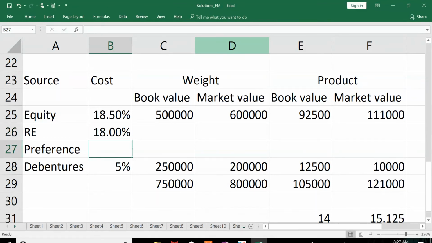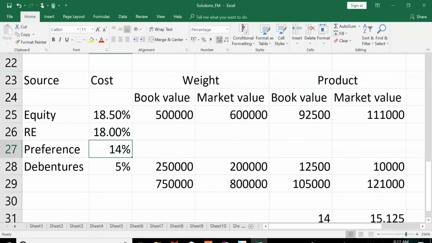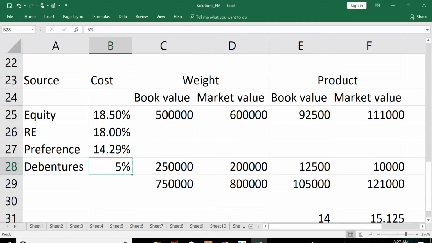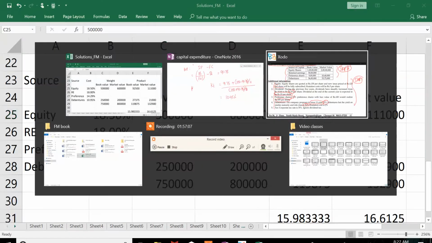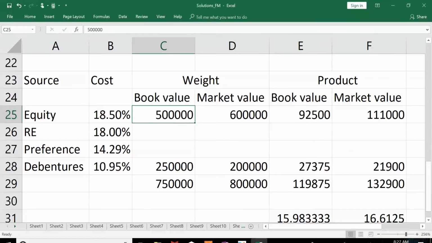Preference was how much? 14 point. Debentures was 1. It's 1 crore 20 lakhs.